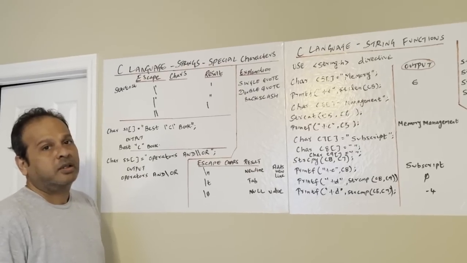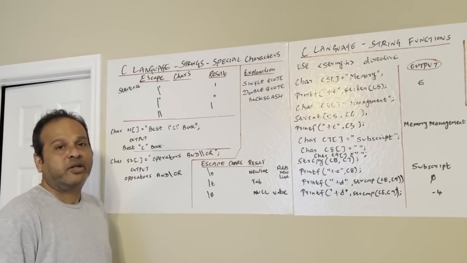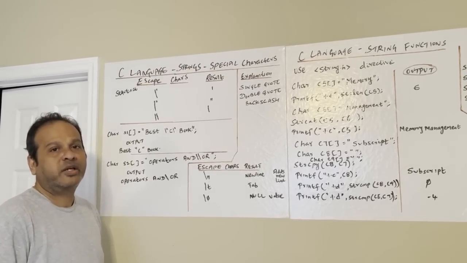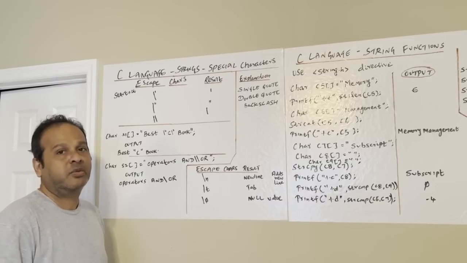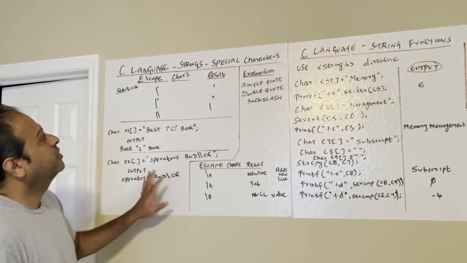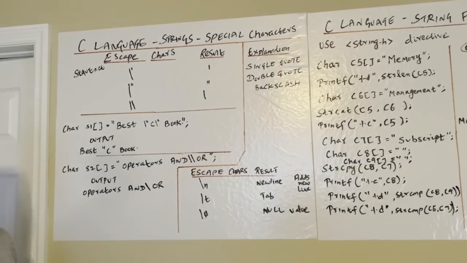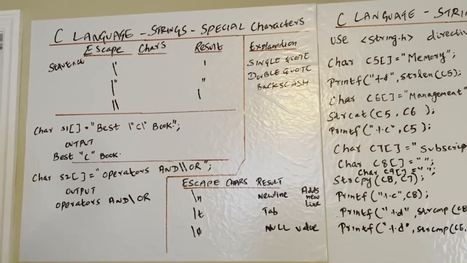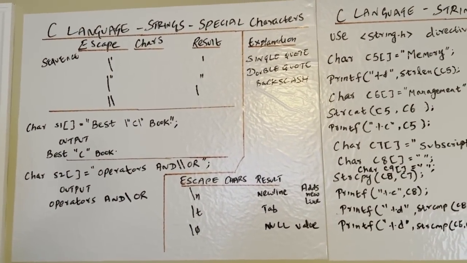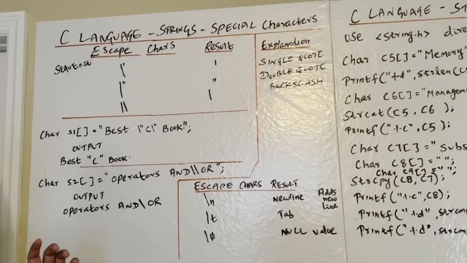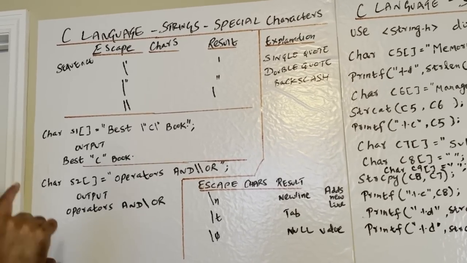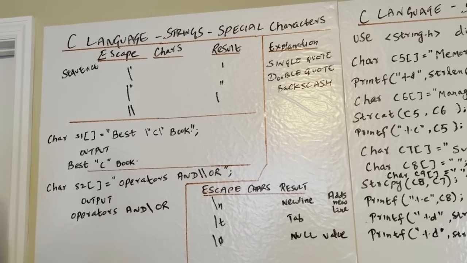Hi. Last video we talked about how the string can be modified, some introduction about strings. In this video, we'll talk about some special characters, escape sequences, escape characters. Sometimes inside the string, you want to display double quotes or a slash or single quotes.